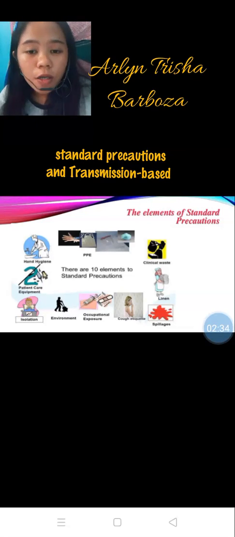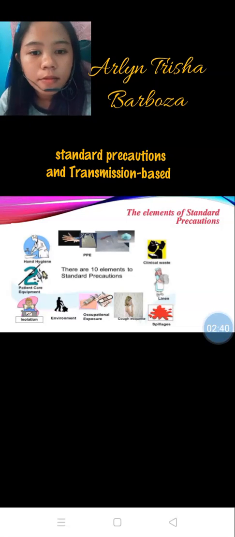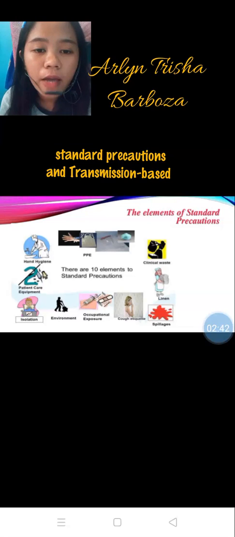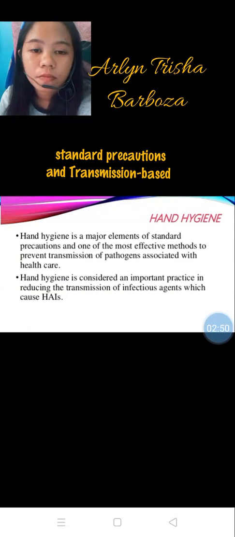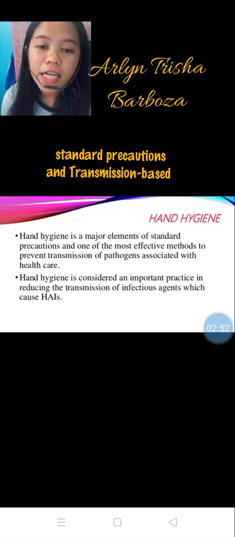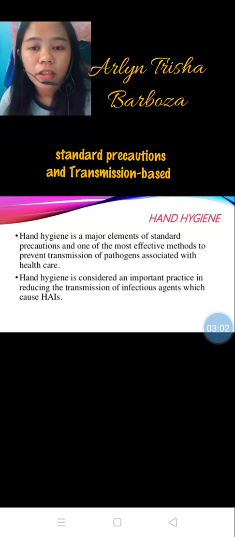And as you can see, this is what they call a pandemic. We use this kind of precaution in this kind of pandemic, like hand hygiene. Hand hygiene is a major element of standard precaution and one of the most effective methods to prevent transmission of pathogens associated with healthcare.